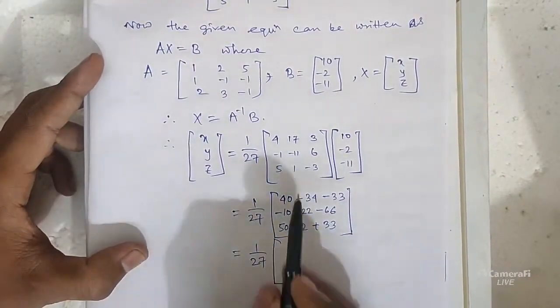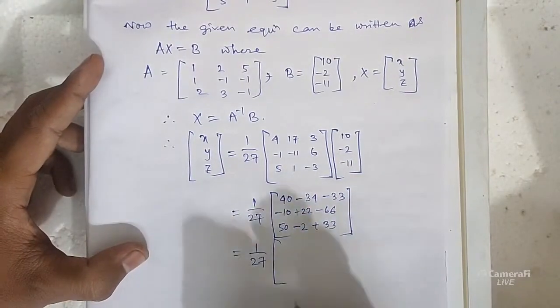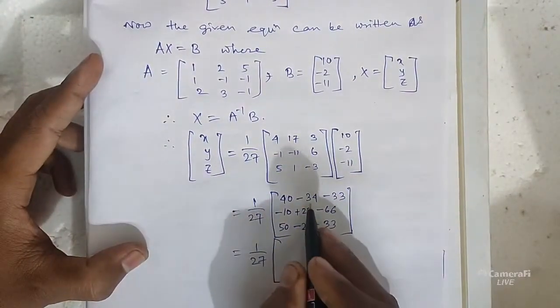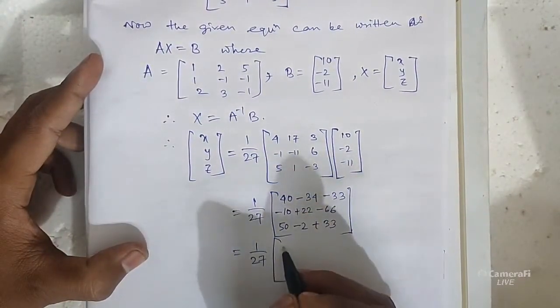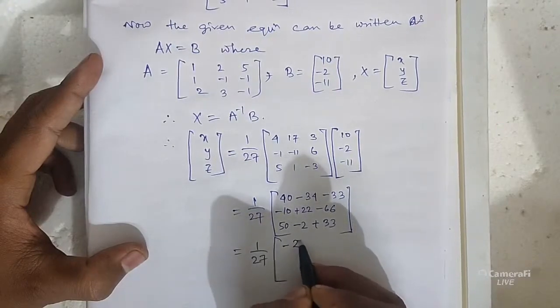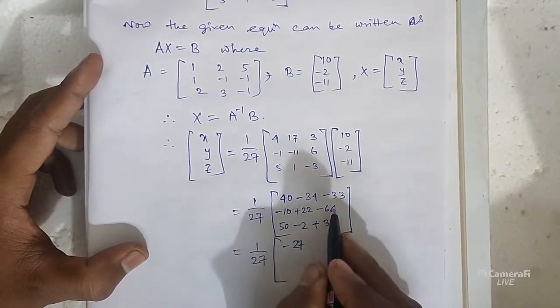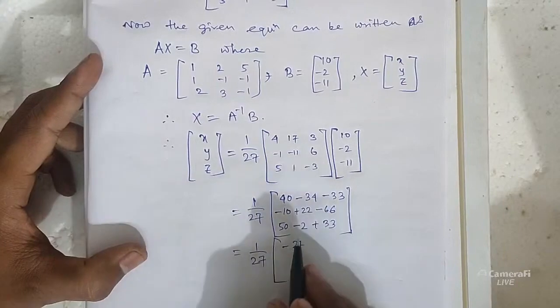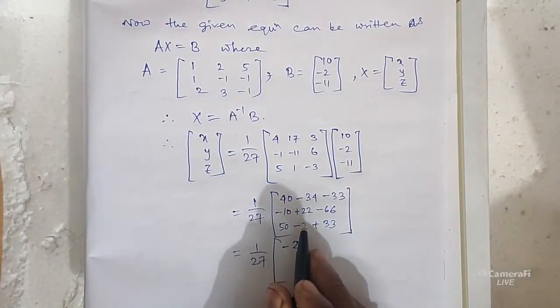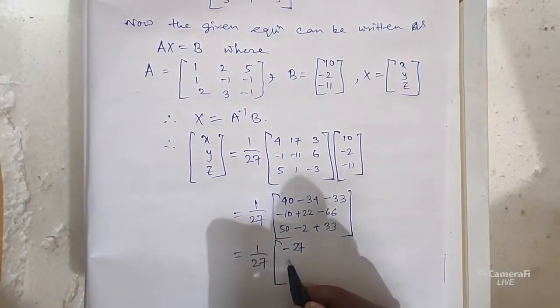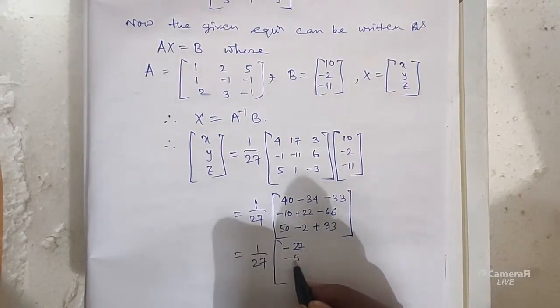Here 40 minus 77 it is coming. 40 minus 67, that is minus 27. Here 76 minus 76 plus 22, that is minus 54.